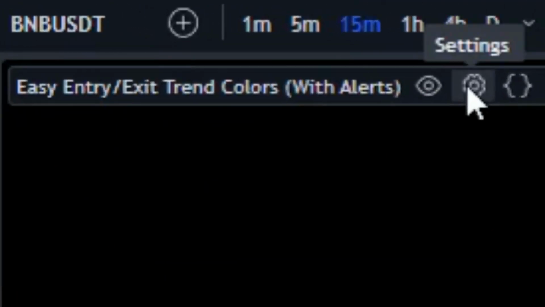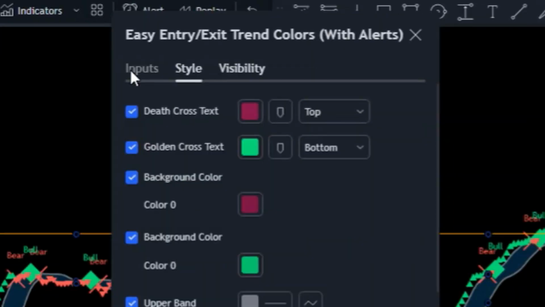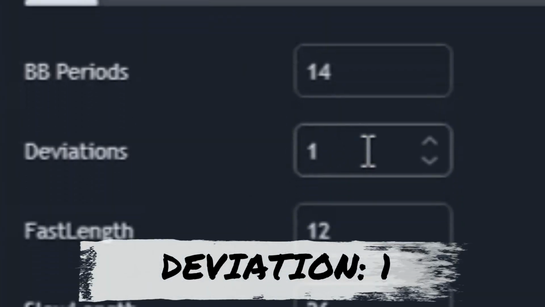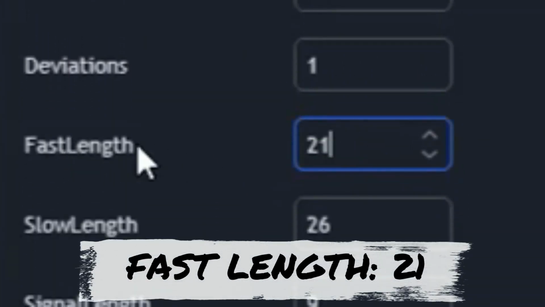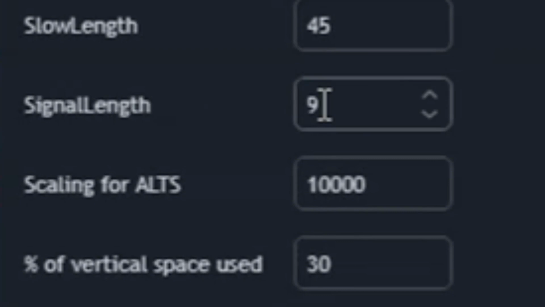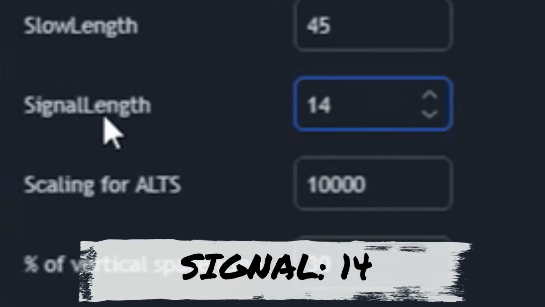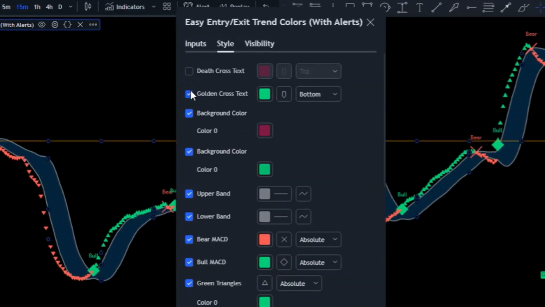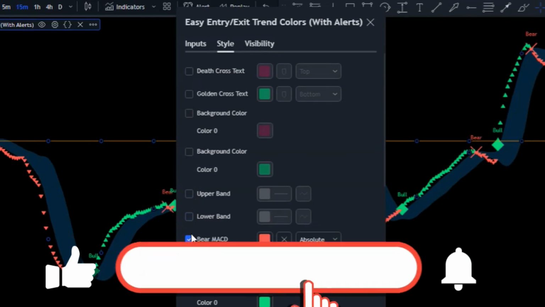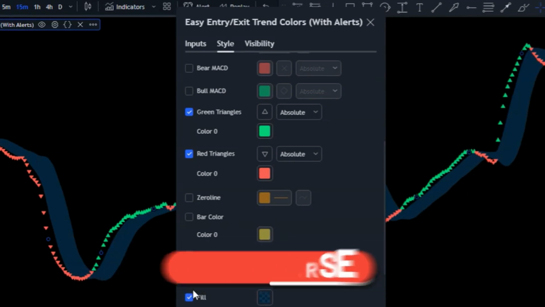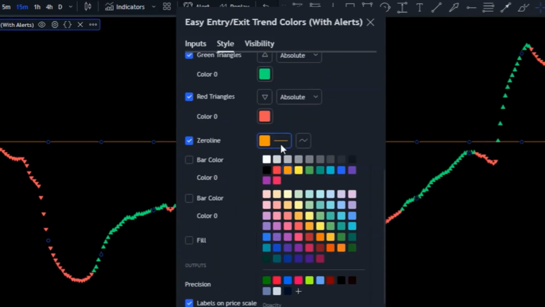Now in the settings for the Easy Entry Exit indicator under Inputs, then under the style section, we're going to disable all options except for green triangles, red triangles, and zero line. You can also modify the color and thickness of the zero line to make it stand out better.